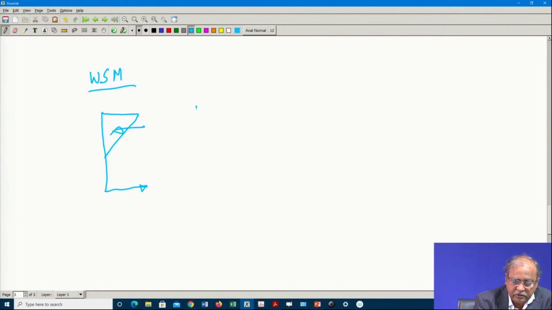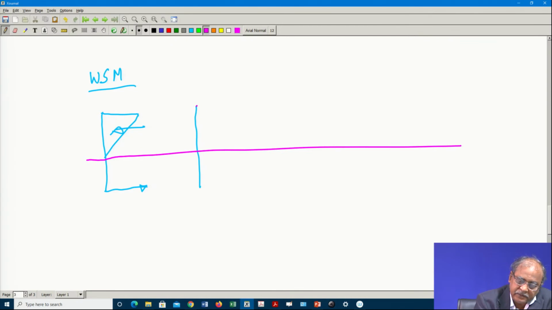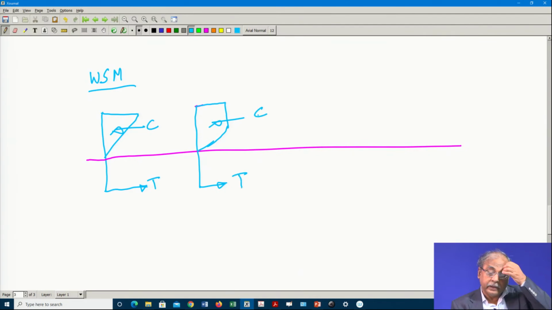The limit state method, for limit state method, rectangular and parabolic. And this is limit state IS 456.